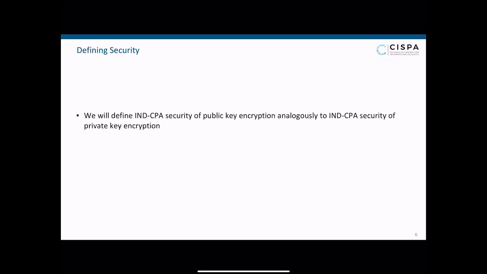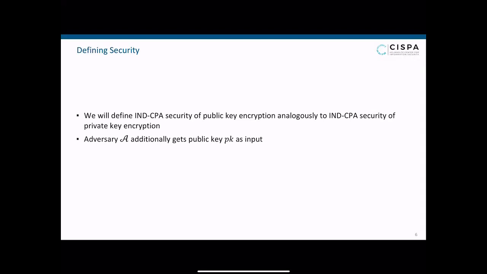All right. So what we will do is define INDCPA security for public key encryption, analogously to the definition of INDCPA security in the private key world.